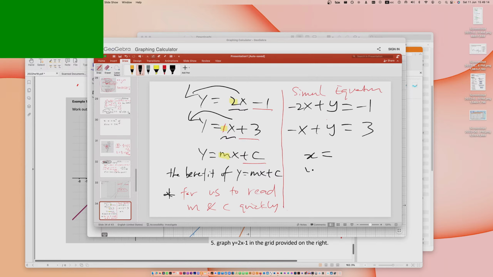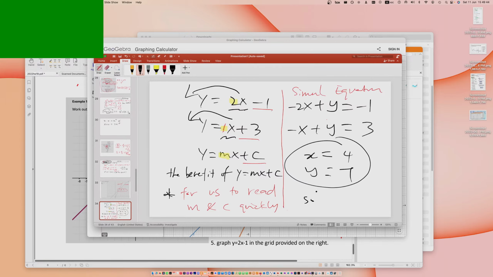So x equals, y equals. X equals 4. Y equals? 7. Okay, good. So x equals 4, y equals 7. There is a term for this. So what is this? This x equals 4, y equals 7 is the what to this simultaneous equation?